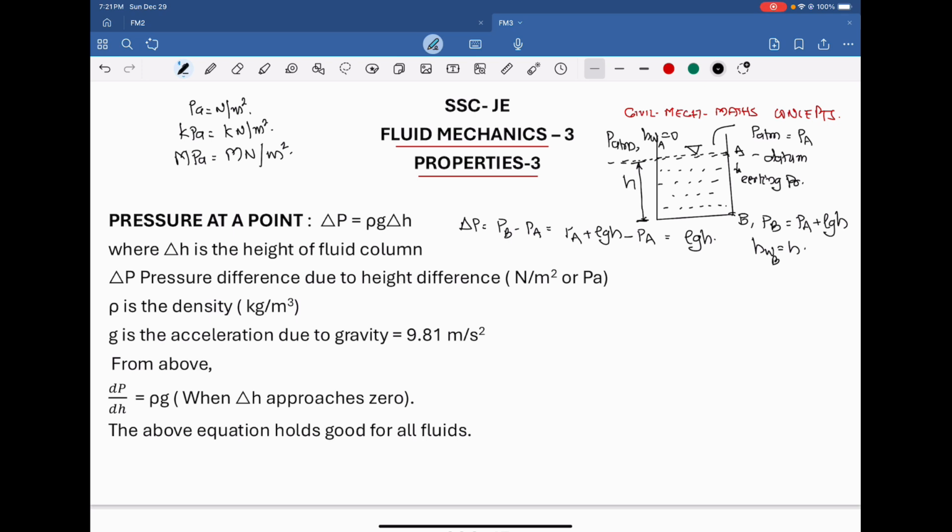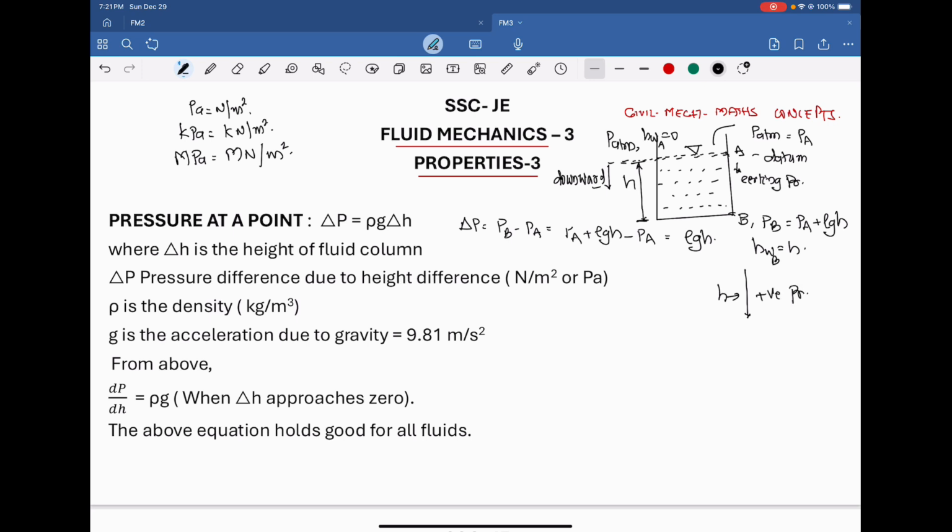This water column is measured downward. Why is it measured downward? Please remember this. This notation is very important. When you measure h downwards, take it as positive pressure.